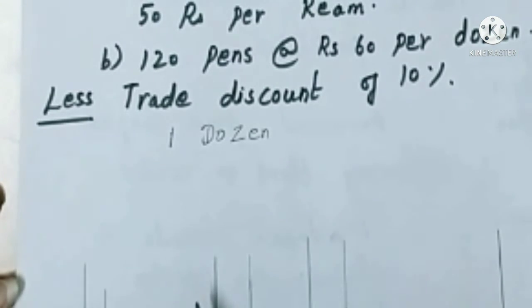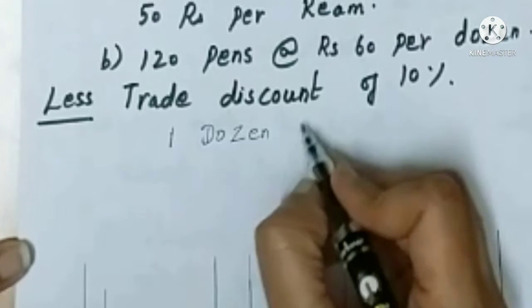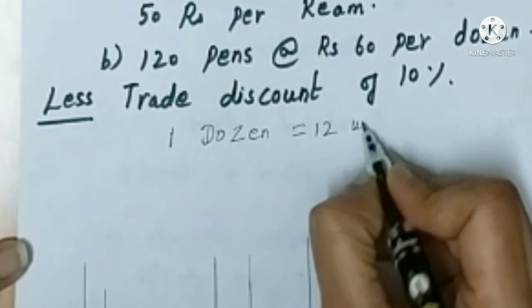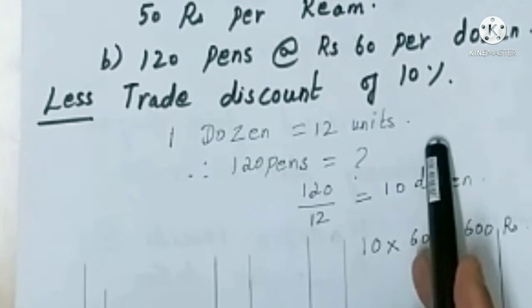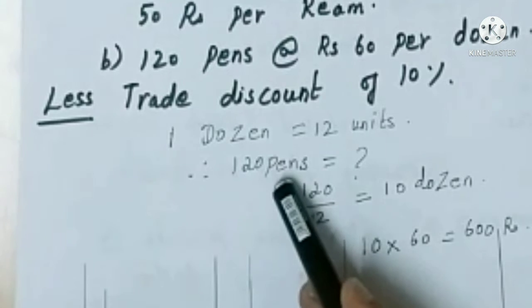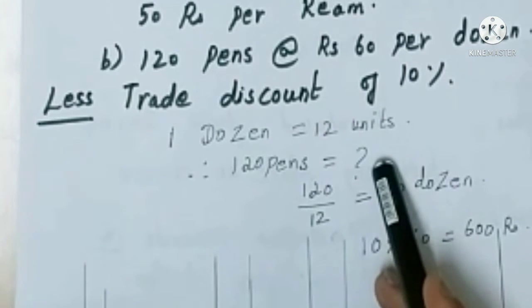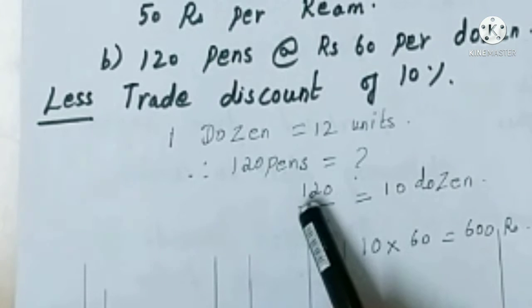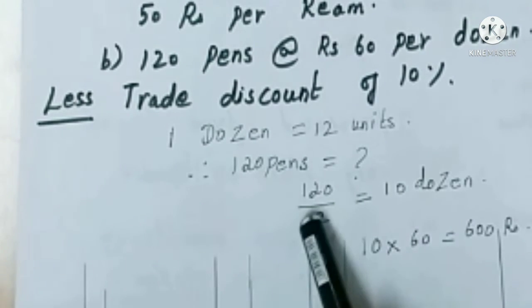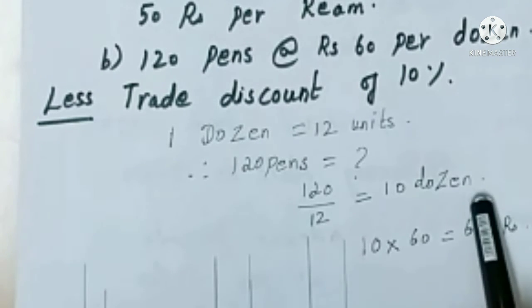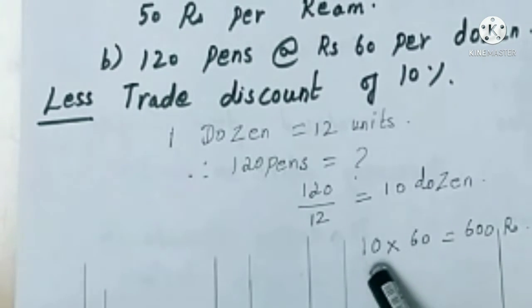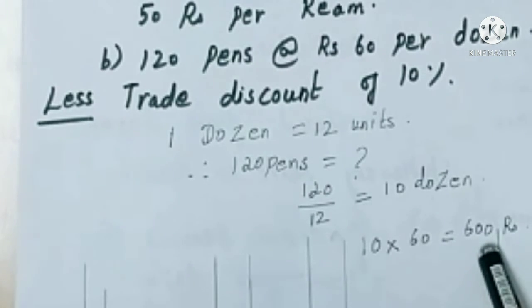We already know that 1 dozen is equal to 12 units. In order to find the dozens, we are going to divide 120 by 12. We get 10 dozens. Each dozen costs rupees 60. So for 10 dozens, 10 into 60, rupees 600.